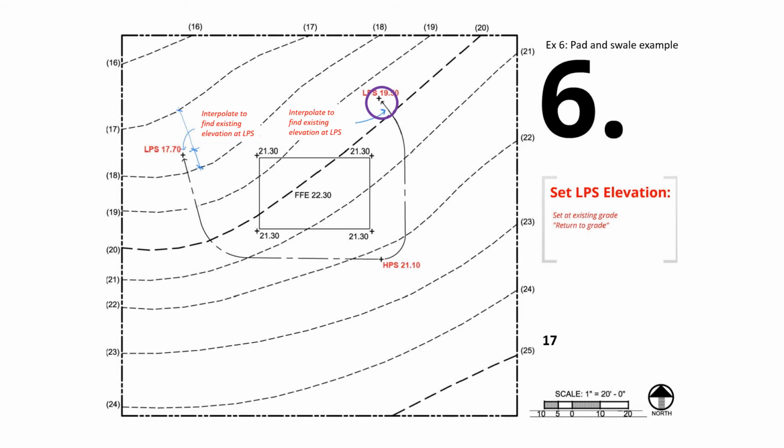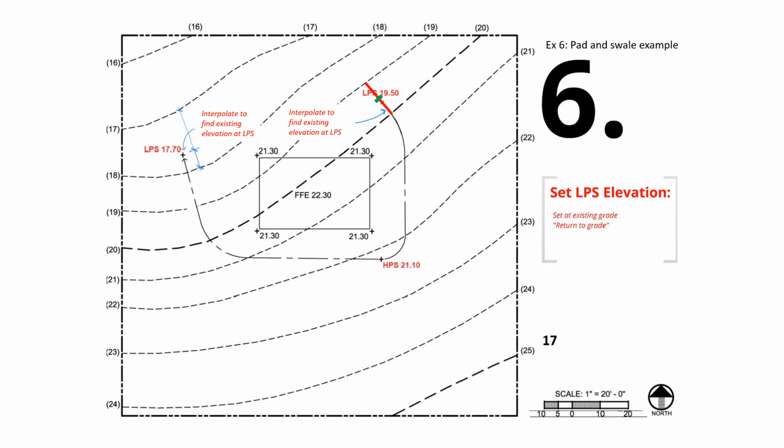And CAD makes it really easy to identify the location of that midpoint, 19.50. You could just draw a line between the 19 and 20 contours in this area, perpendicular to the 20 contour, and then use the divide function or simply snap to find the midpoint and call it 19.50.